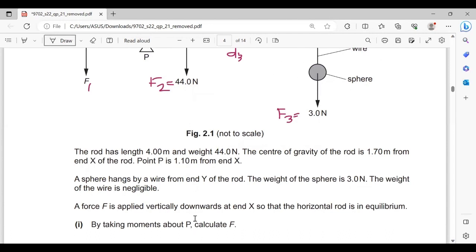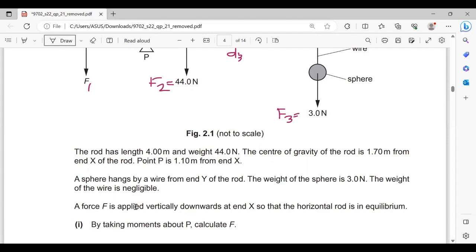This is the sphere. The weight of the sphere is 3 newtons, F3. The weight of the wire is negligible. We don't need to calculate the wire, it's negligible.